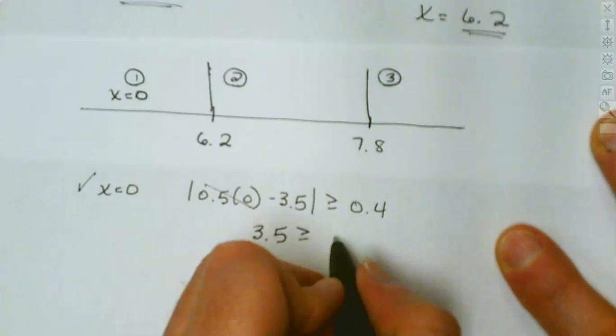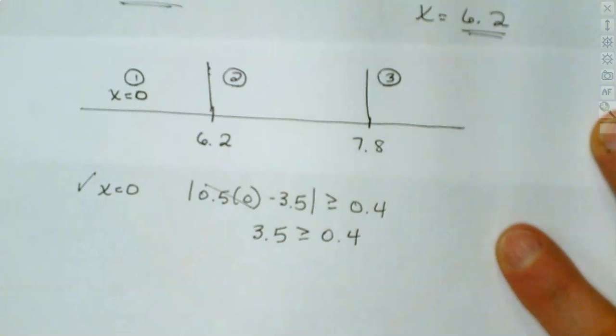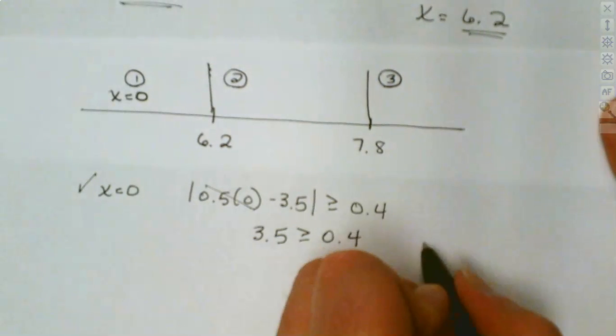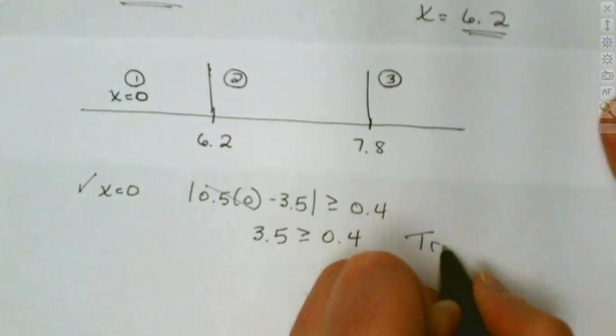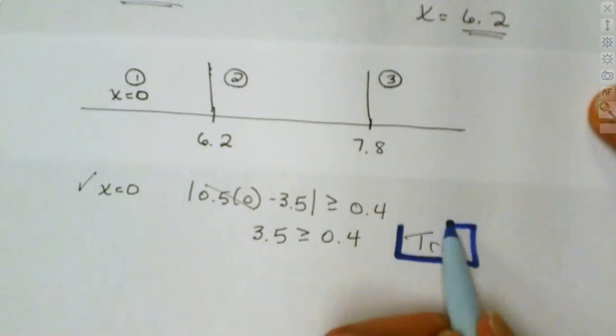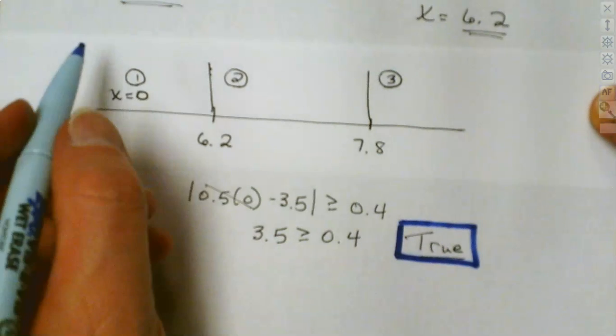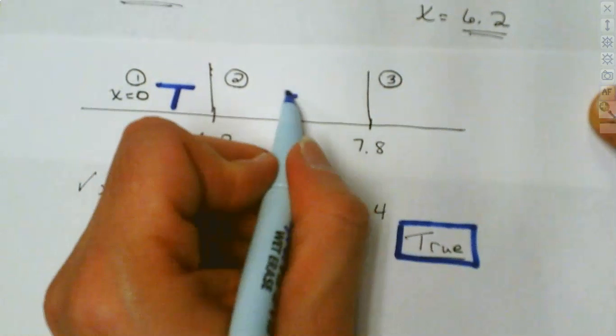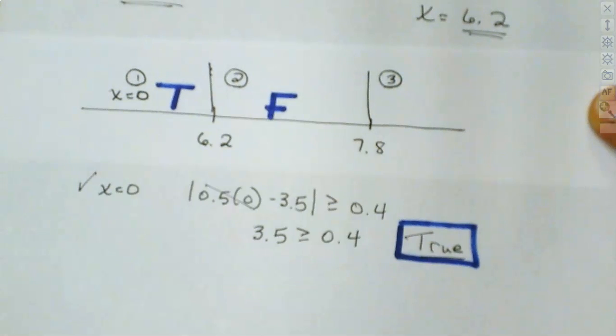And is 3.5 bigger than 0.4? Yes, it is. So that would make this then true. So what does that mean our signs go? It goes true in region 1, false, and then what?